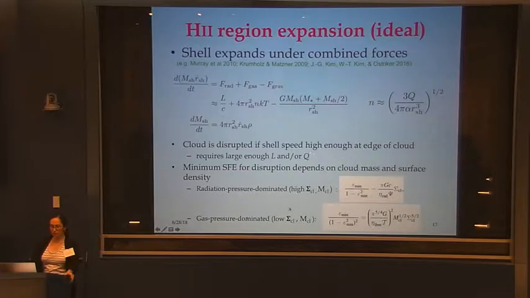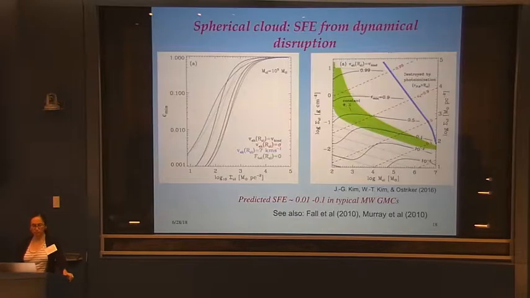In the case where it's totally dominated by gas pressure, that is weaker radiation fields, or generally the lower surface density limit, the star formation efficiency has a somewhat different scaling on the cloud properties. So these are estimates you might make for what an H2 region needs to destroy a cloud.